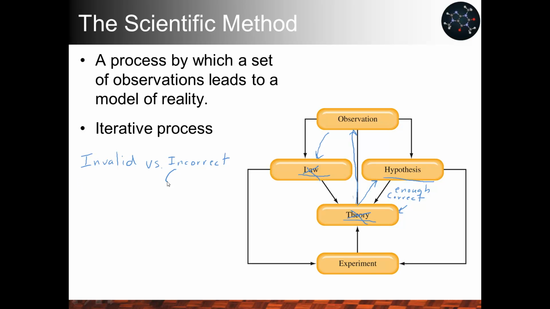Incorrect means that the test has evidence that shows that we are wrong about what we're thinking in terms of explaining a set of observations, explaining what we've seen. Invalid means that we've come up with a hypothesis that's not testable.